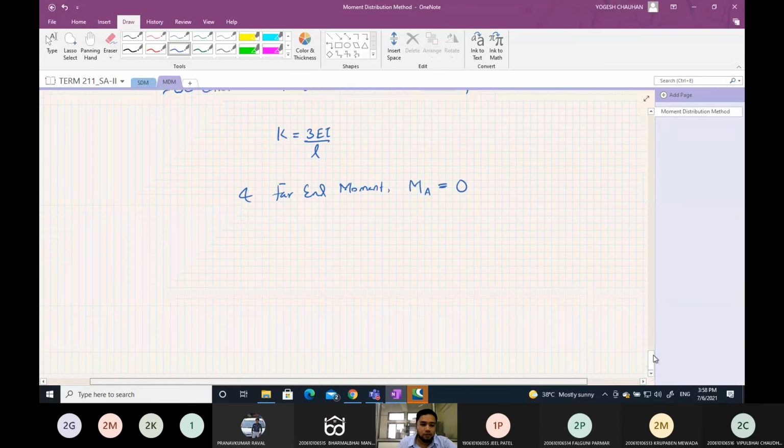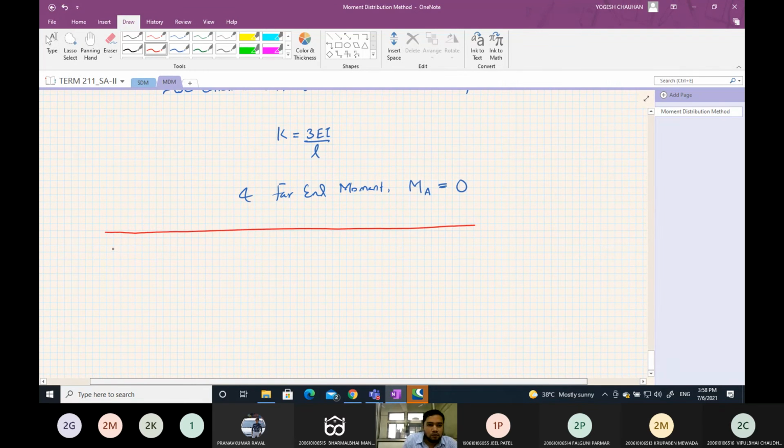So in a nutshell we can make a table. When moment M is applied at the near end, what is the carryover moment?